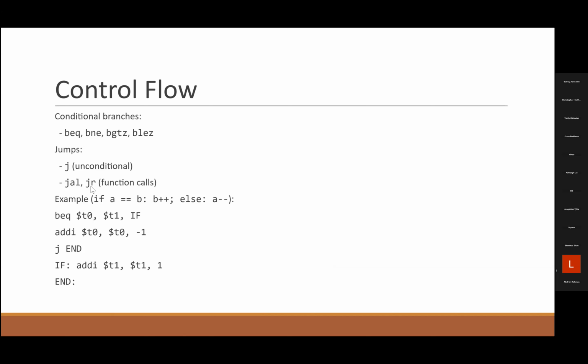The way that you will do this in assembly is with branches and jumps. Here the first instruction is BEQ T0 T1 if. So if T0 is equal to T1, we'll jump to the if label here. This if label will contain the if code that we have here.